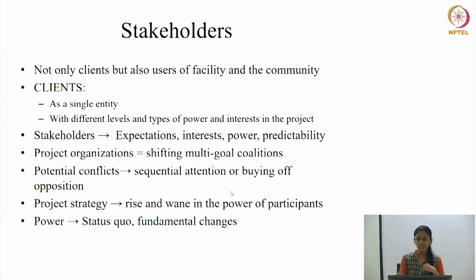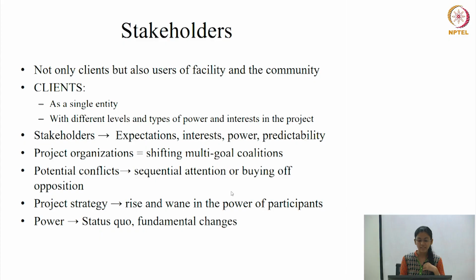Interests: they have interests in a particular part of the project or on the whole of the project. Power: they have the power to change or make a decision. And predictability: whether you can predict that a stakeholder will or will not react to a particular change in decision.